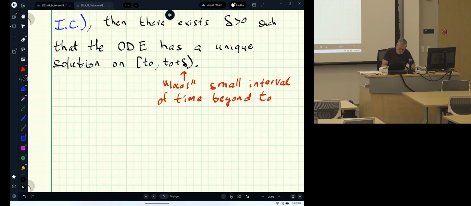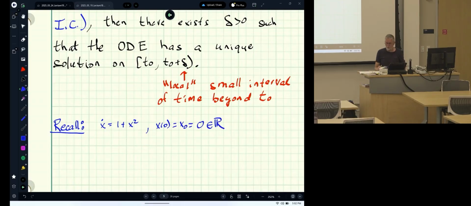Okay, let's see how this works on that equation that has tangent as its solution. We have 1 plus x squared. The initial time was 0, and the initial value was 0. It's a scalar r. And we computed that x of t is tangent of t.